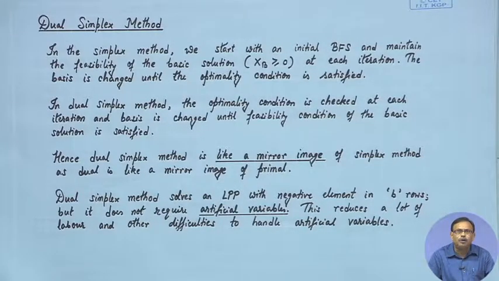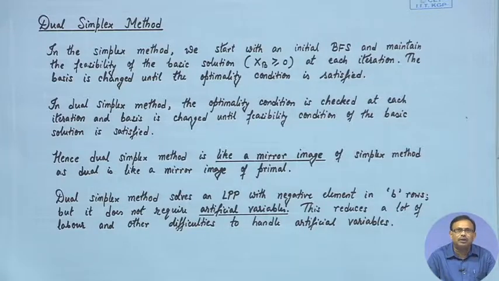The optimality condition is checked at each iteration and the basis is changed until the feasibility condition of the basis is satisfied. In other words, here we are doing the opposite. For a general LPP, we first confirmed that the basic solution is always feasible, then we tried to find the optimality condition.